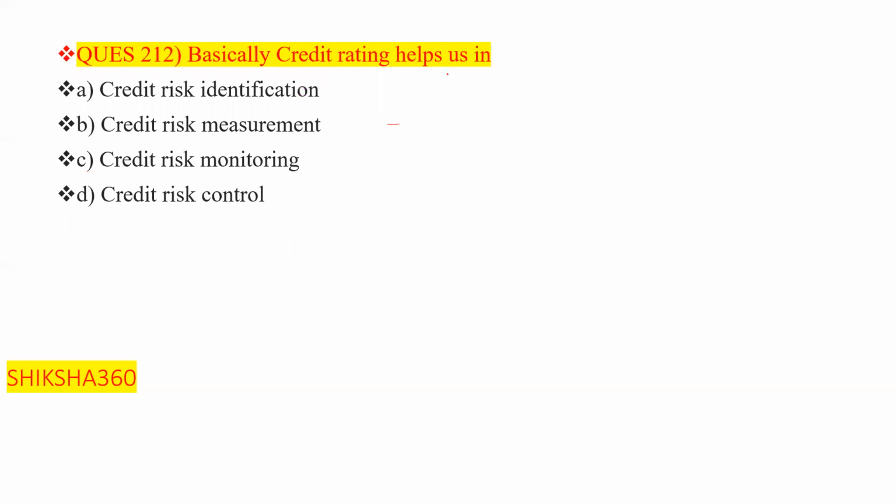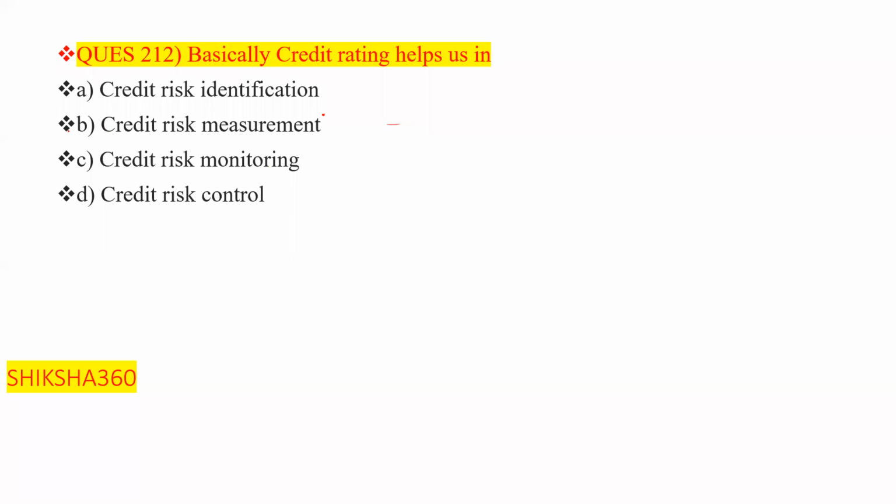Credit rating helps in credit risk identification, credit risk measurement, credit risk monitoring, or credit risk control. So what is the correct answer? Credit rating helps in credit risk identification, measurement, monitoring, or control.